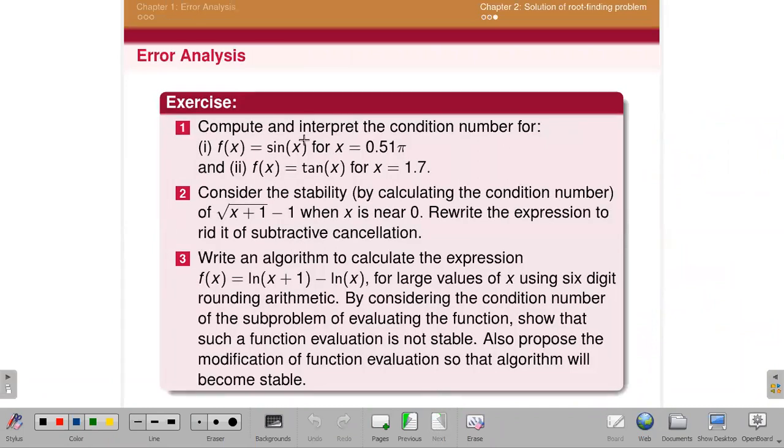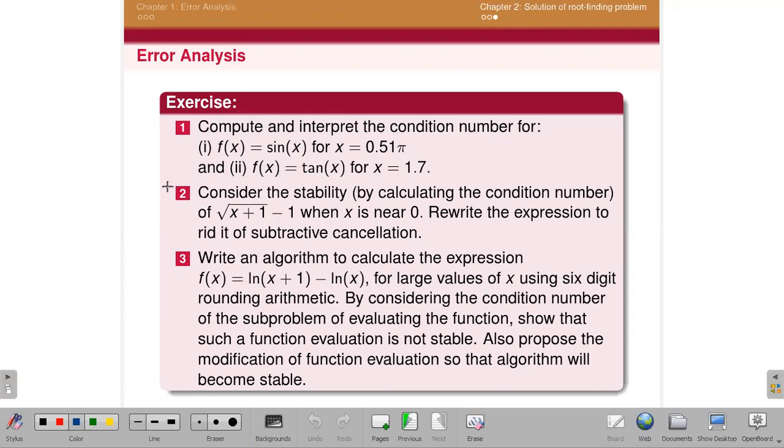Means in the first question, you have to find the condition number for the function f of x is equal to this. So in the first question, you have to find the condition number only at this particular point. And in the second question, you have to find the stability because its topic was stability.